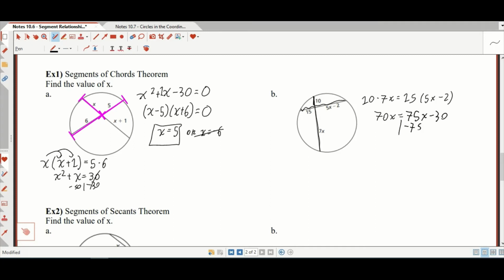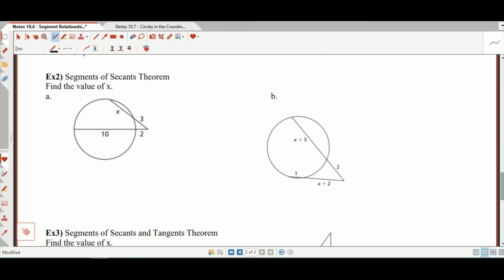Subtract 75x from both sides and I get negative 5x equals negative 30. Divide both sides by negative 5 to solve for x, and x equals positive 6. And that's all because this times this is equal to this times this.